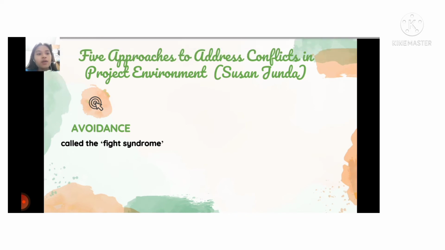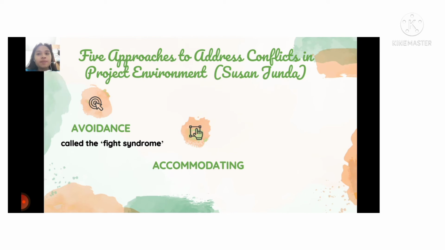Then we have accommodating. Accommodating is also called smoothing. So it is an attempt to reduce the emotions that exist in a conflict. And this is accomplished through emphasizing the areas of agreement and de-emphasizing the areas of disagreement.